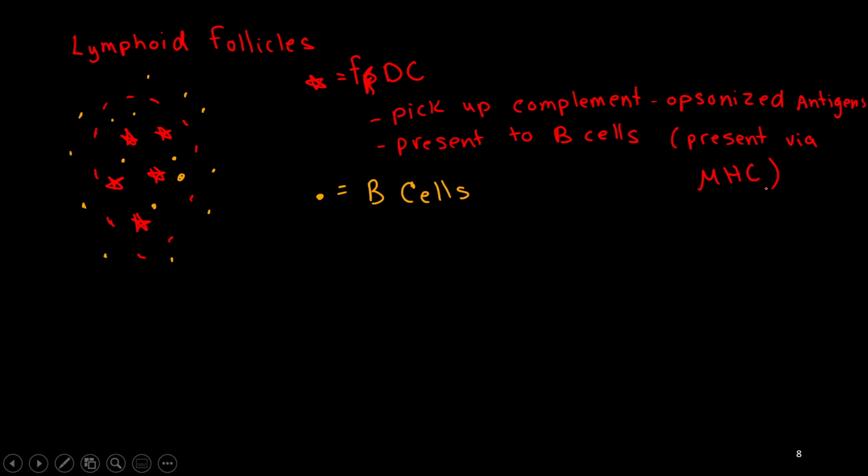The B cells that are exposed to the complement system are going to proliferate. So the B cells that are exposed by the dendritic cells, if they recognize the opsonized antigen, will proliferate.